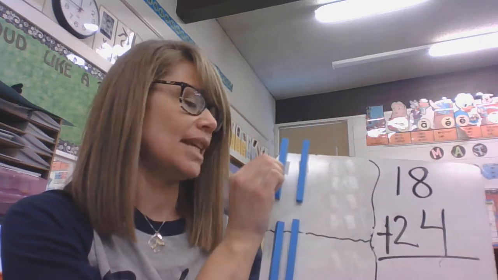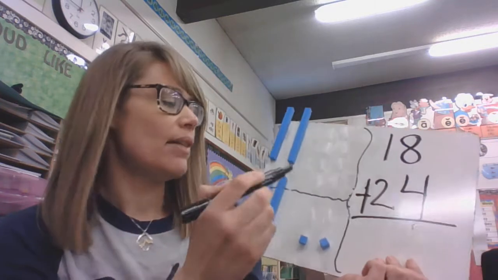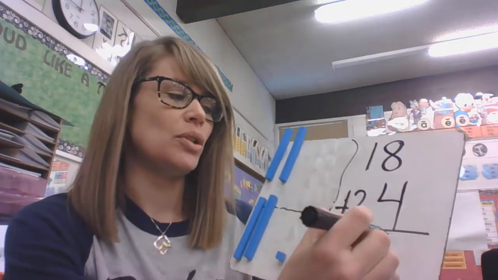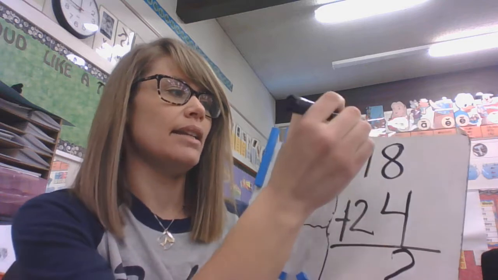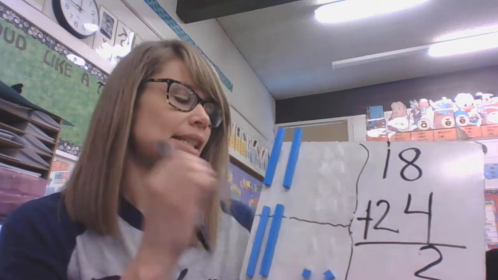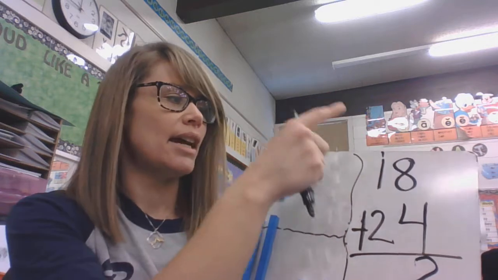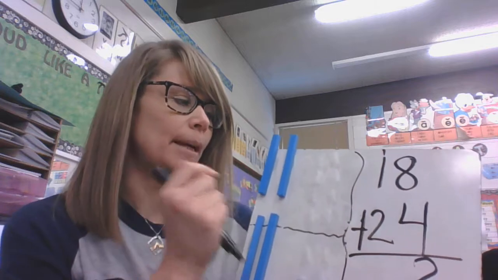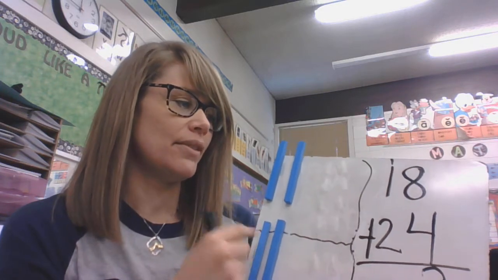So here's my other 10 stick. Now I have how many ones left after I pulled those 10 off? 2 ones left. And I'm going to put my 10 over here because I traded those 10 ones in for one of our 10 sticks. So now I've got a 10 from that.